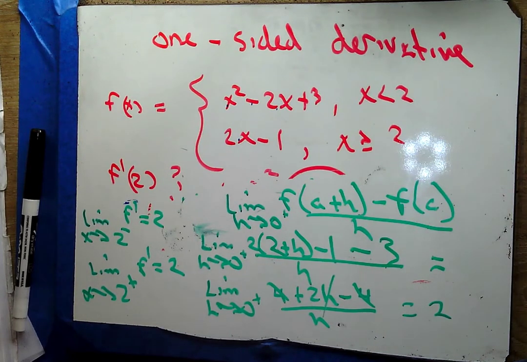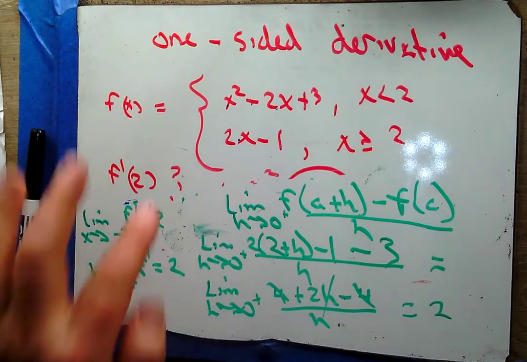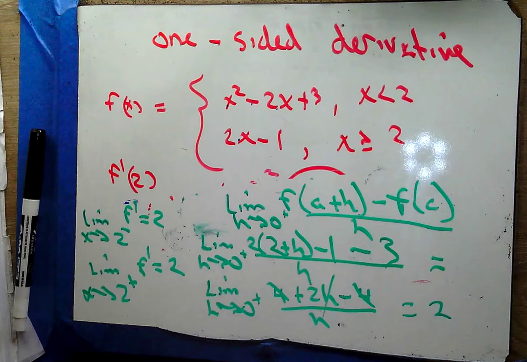So I know this function is differentiable at x equals 2. So f prime of 2, what's that equal? Sure, f prime of 2 is equal to 2.